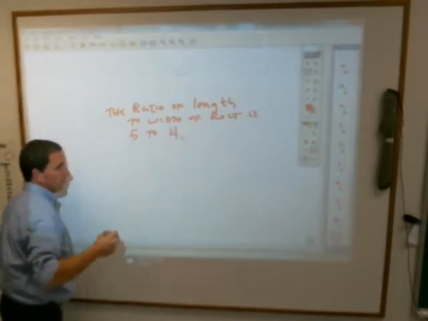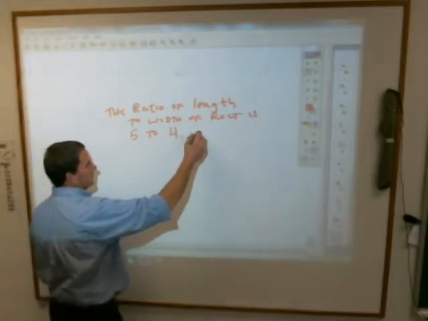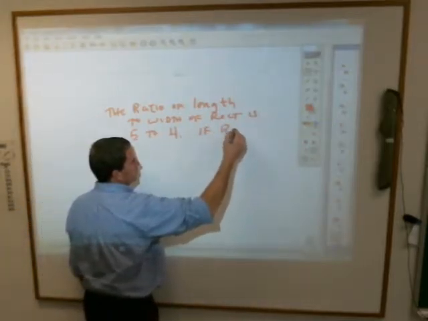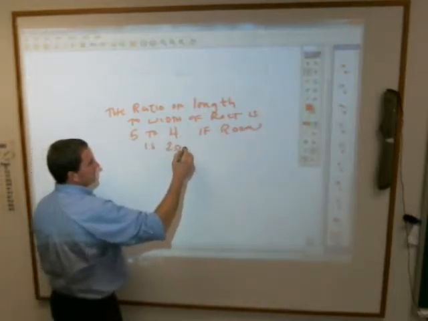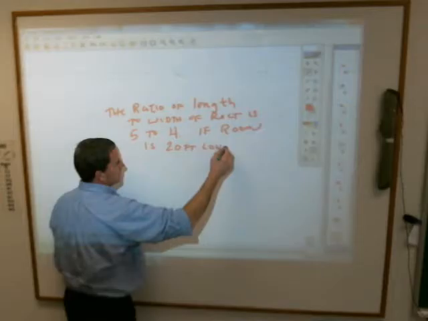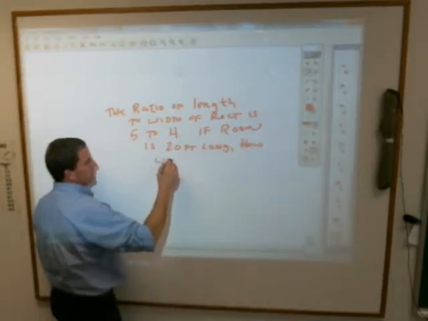Is 5 to 4. If the room is 20 feet long, how wide is it?